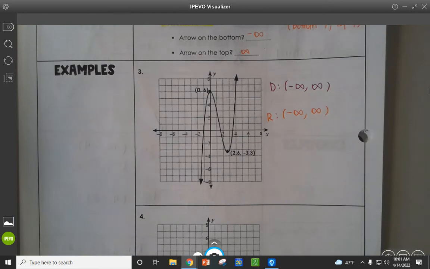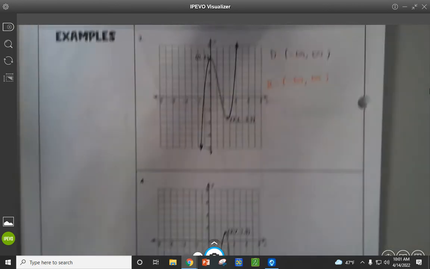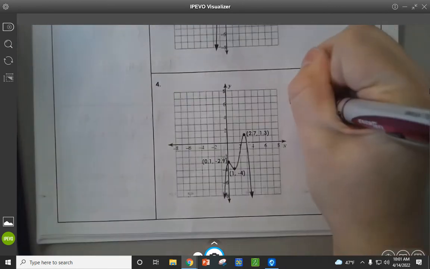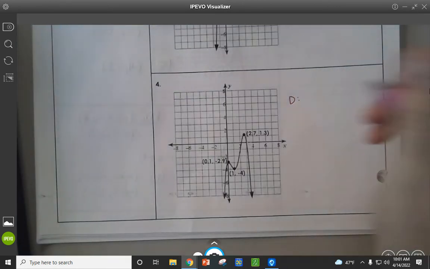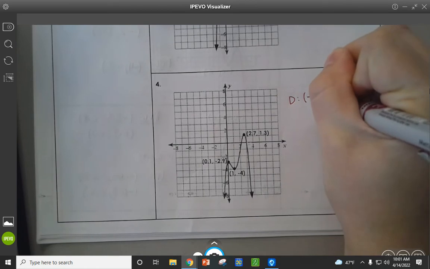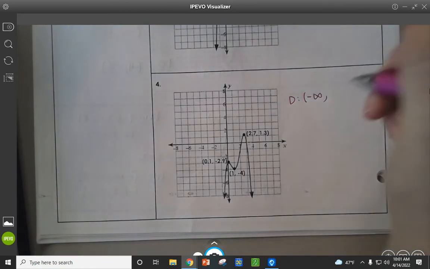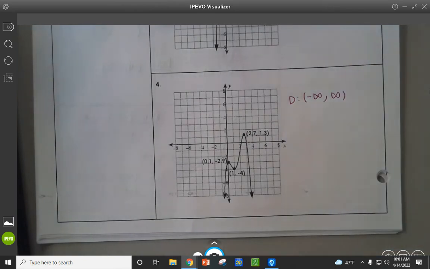Let's look at number 4. Your domain. Is there an arrow on the left? Yes. Negative infinity. Is there an arrow on the right? Yep, so positive infinity.